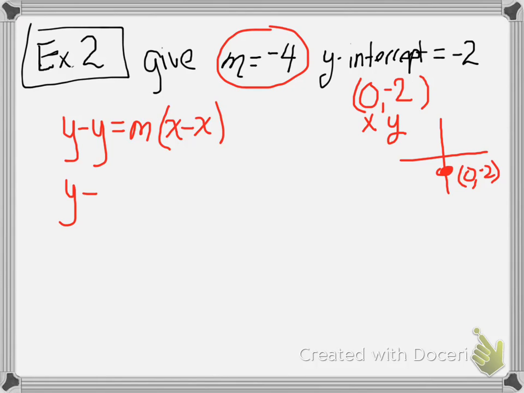So my y is -2. So it's going to turn to a +2. So I'm just going to go ahead and put +2. Make sure you're okay with me skipping that step. So it was subtracting a -2, which ends up being adding 2. Equals my slope times x minus the x value of the point that I was given, which was 0. Done.